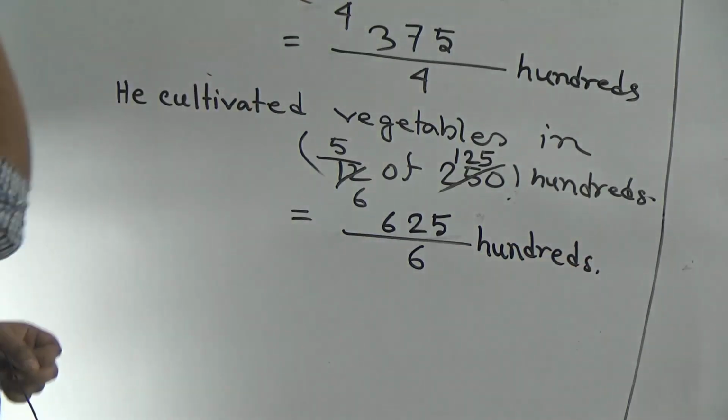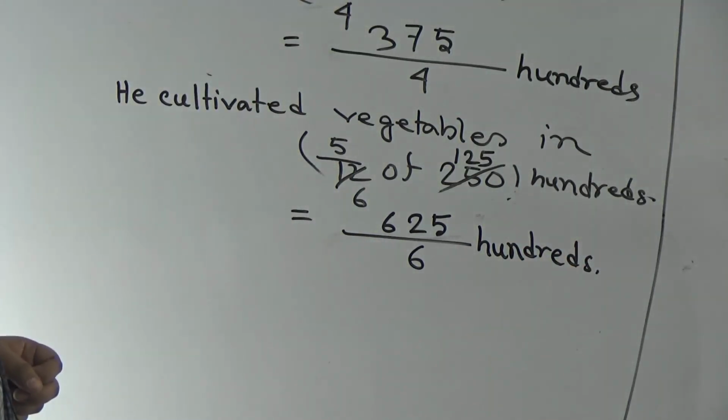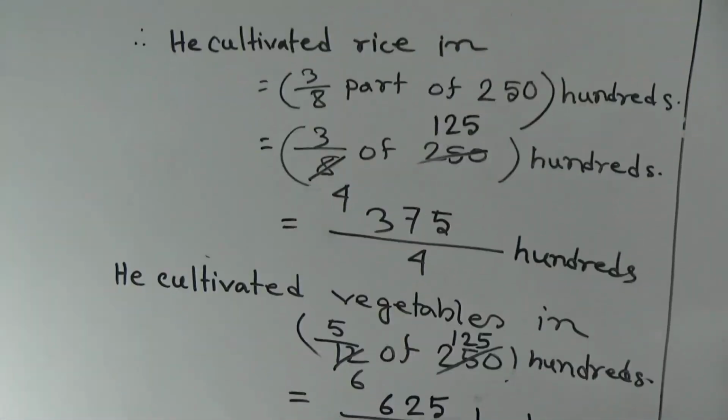Okay. Now my dear students, we find out the total amount of land in which he cultivated rice and vegetables in total.